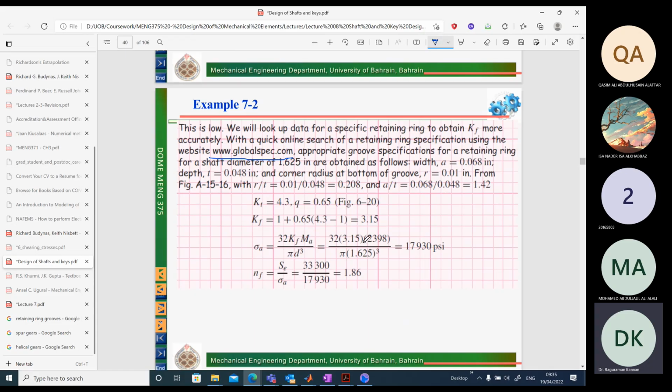Again, we evaluate based upon that the fatigue factor of safety, and for the actual values of the retaining ring we have a fatigue factor of safety greater than 1.5, and so the design is fine.